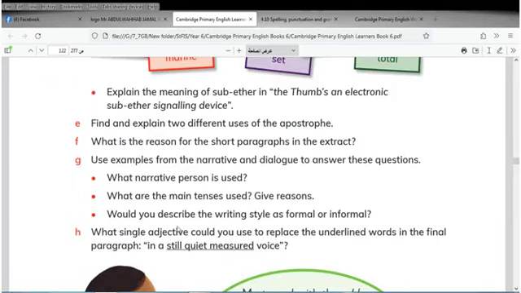In case you want to replace a single adjective with this phrase, what can you say? So instead of saying "in a still quite measured voice," you can replace it with the word calm. Still quite measured, it's a calm voice.